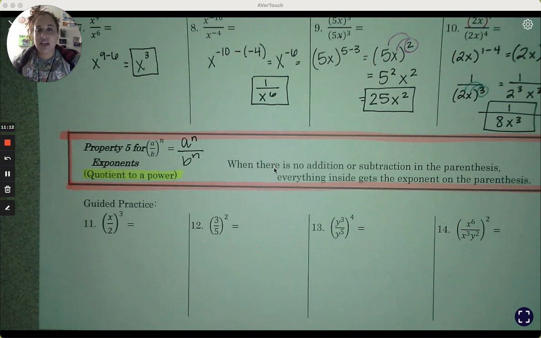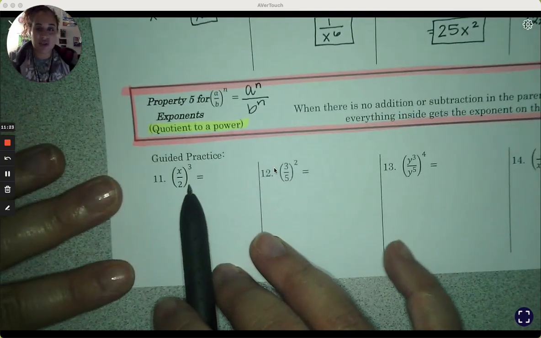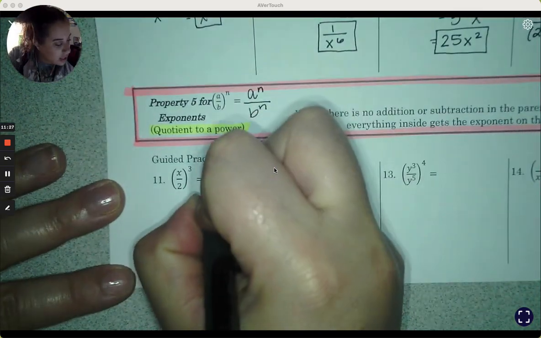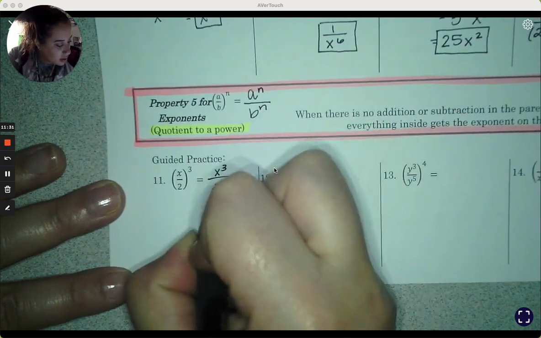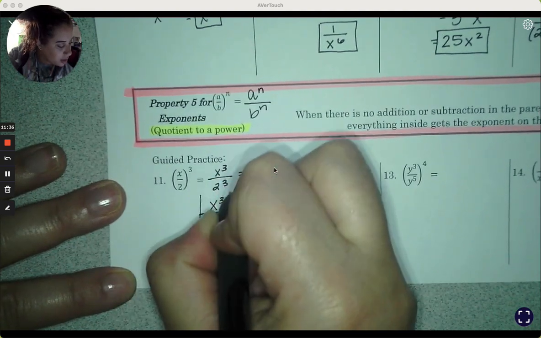Okay, as long as there's no addition or subtraction, because that's key, everything gets the exponent. All right, so looking at 11, there's no addition or subtraction, there's only division. Everything gets the exponent, so we get x cubed over 2 cubed, and we know that 2 cubed is 8.